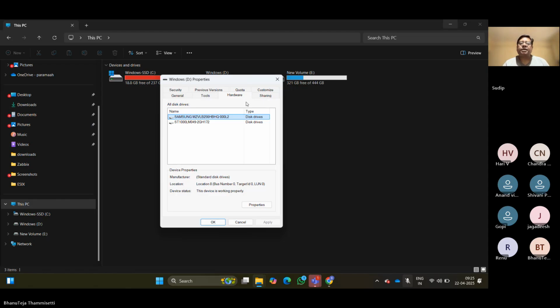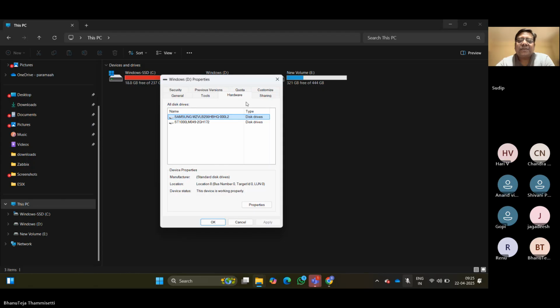All right. Now, can anybody, by seeing what is visible on the screen here, tell who is the manufacturer of the hard disk drive that is in Banu's laptop? Samsung, correct. And does Banu have a single hard disk or multiple hard disks? Multiple, sir.